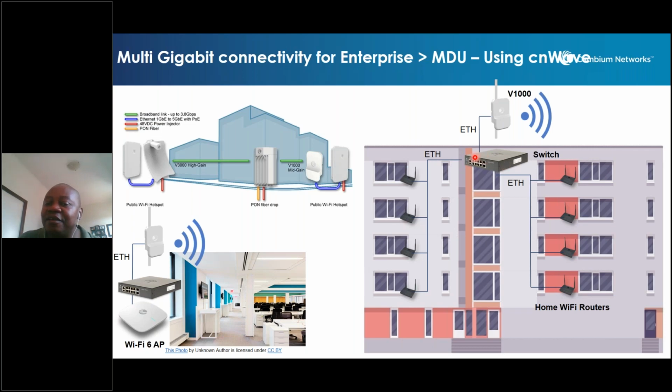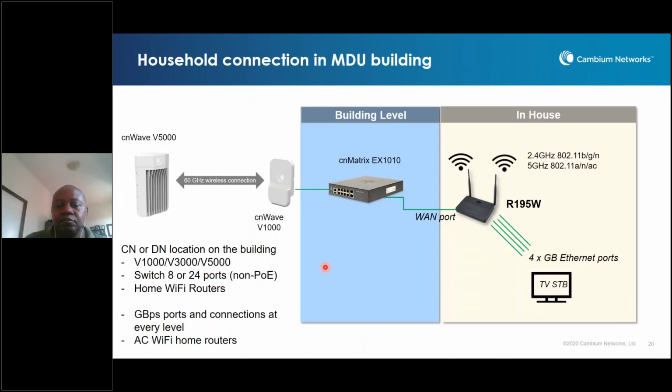And then from here, you can start running connections to home routers, each unit having a home router. This just opens up connectivity at the building level.